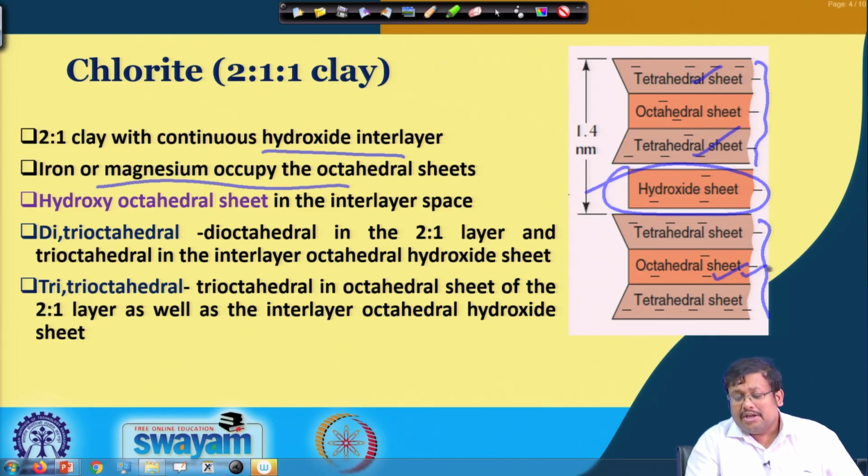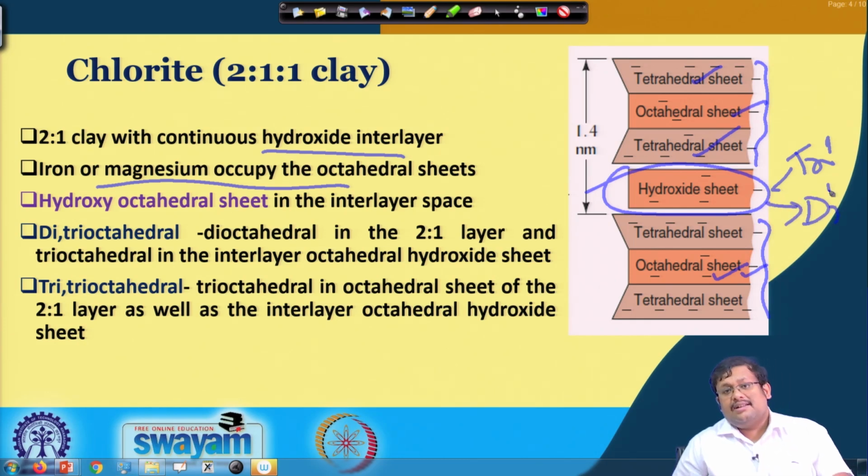octahedral sheets. So, you can see these octahedral sheets are dominated by either iron or magnesium. And this hydroxide octahedral sheet in the interlayer space may be trioctahedral or it may be dioctahedral.